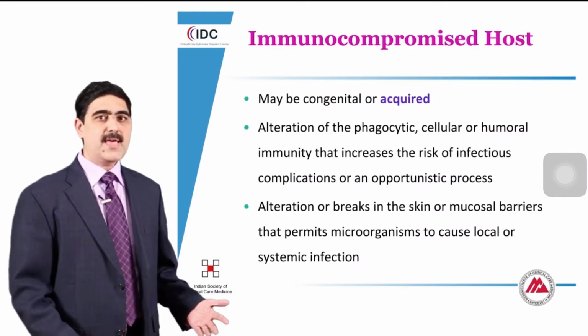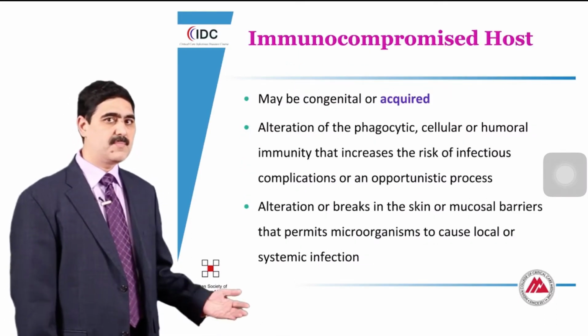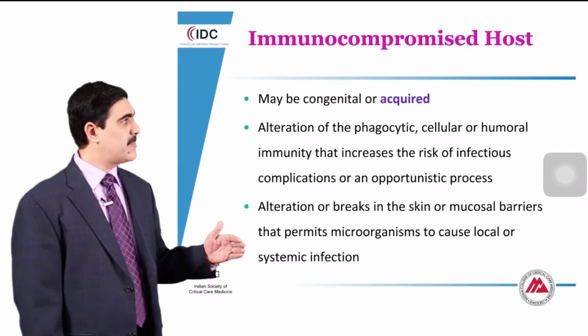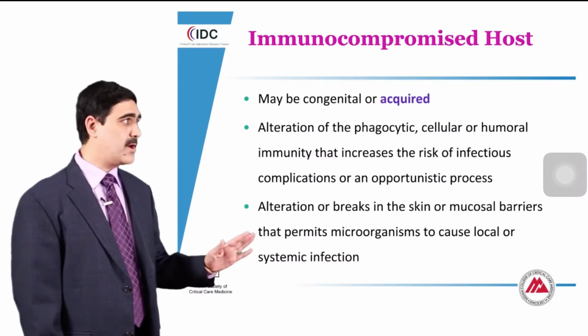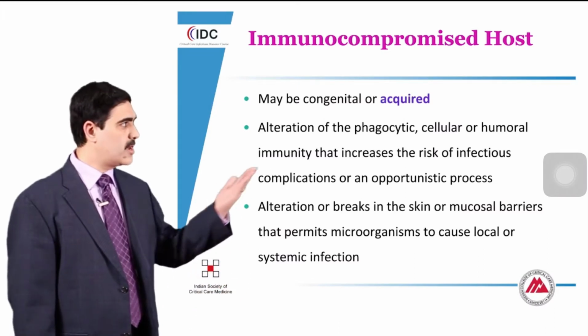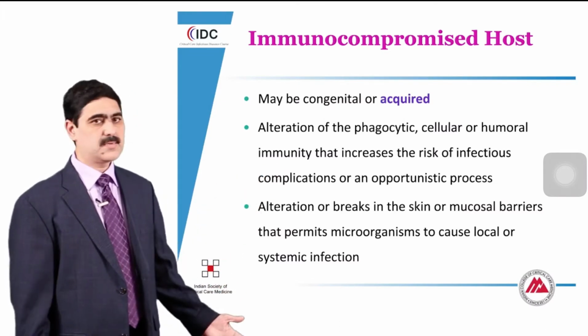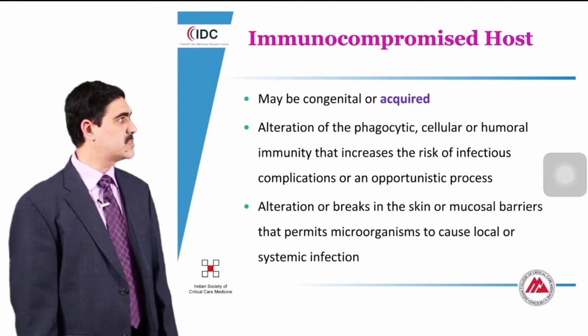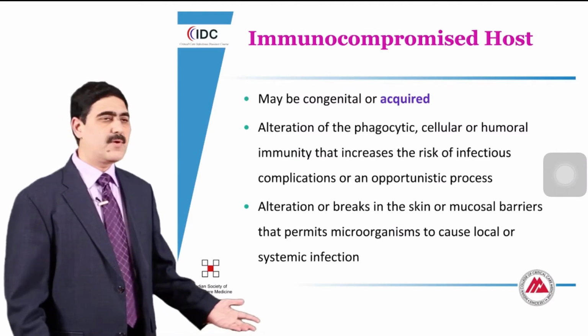Now, when we say immunocompromised host, we should remember that immunocompromisation may be congenital or acquired, but in this lecture I will be focusing only on acquired immunocompromised status in some hosts, and this can happen due to a variety of reasons.